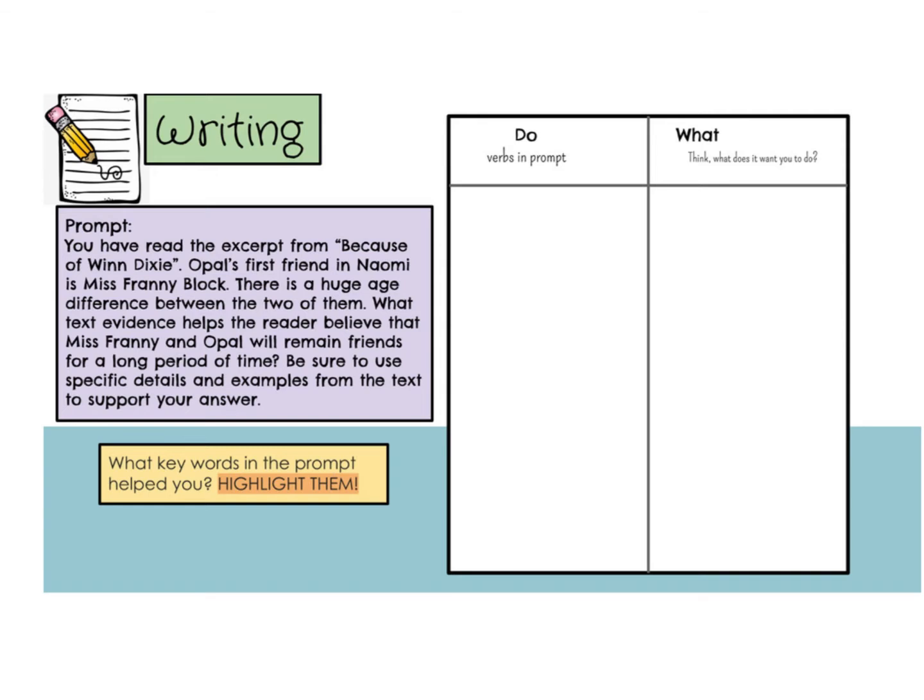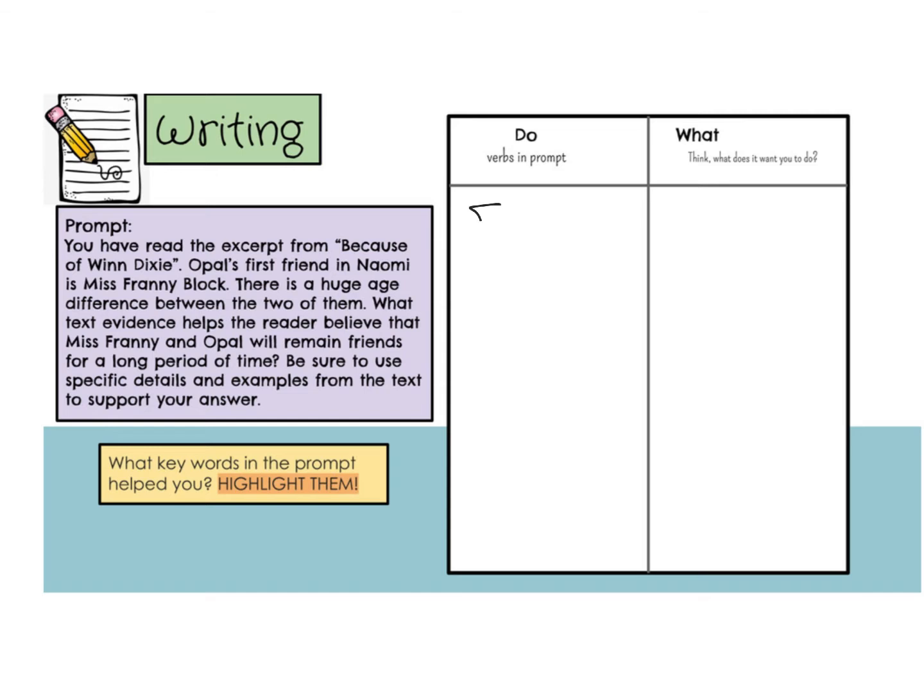So now let's go ahead and brainstorm one more time what this prompt is asking us to do. You have read the excerpt from Because of Winn-Dixie. Opal's first friend in Naomi is Miss Franny Block. There is a huge age difference between the two of them. What text evidence helps the reader believe that Miss Franny and Opal will remain friends for a long period of time?